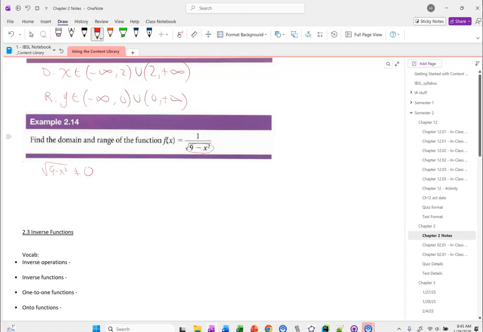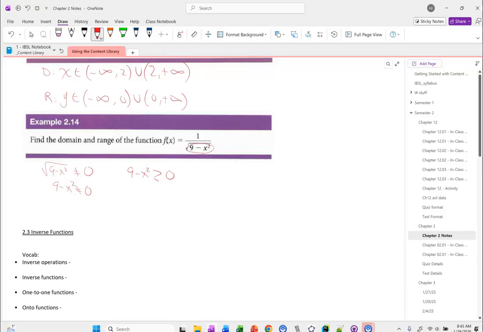And because we have a radical, we know the stuff under the radical has to be greater than or equal to 0. Everybody's okay? Yes. Okay. If I square both sides of this equation, I have that this cannot equal 0, right? So that allows me to be like, okay, well, it has to be strictly greater than 0. Is everybody okay with that?